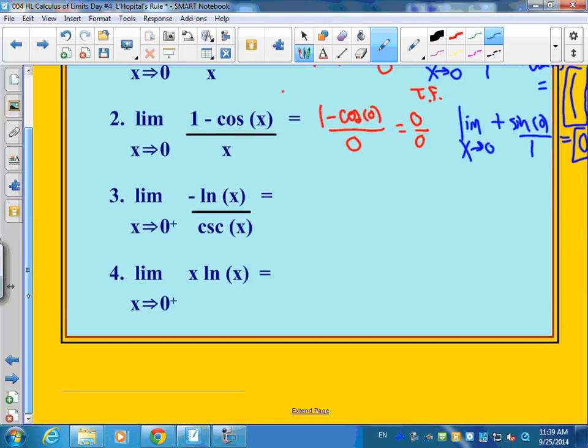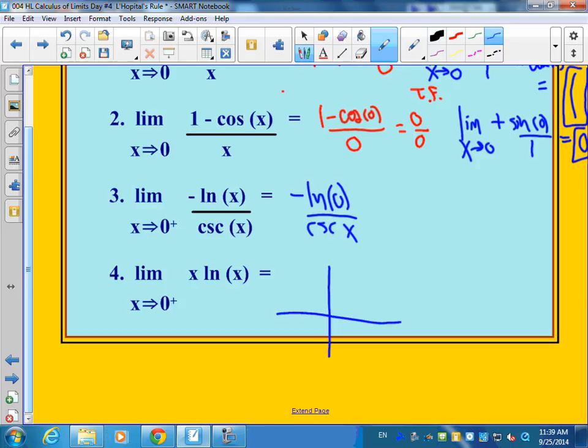Now they do get a little bit more tricky. Sometimes it's hard to plug values in, like this one, negative natural log of x as x approaches 0, all over cosecant of x. So that's a little tough to visualize, but we can do it.